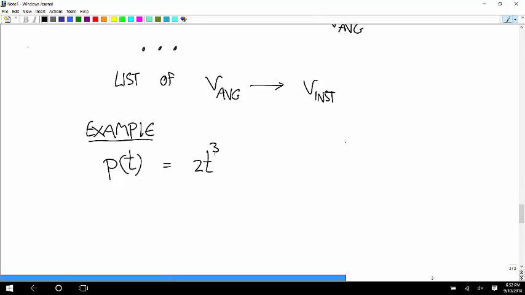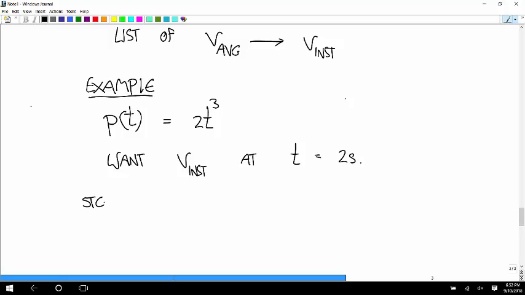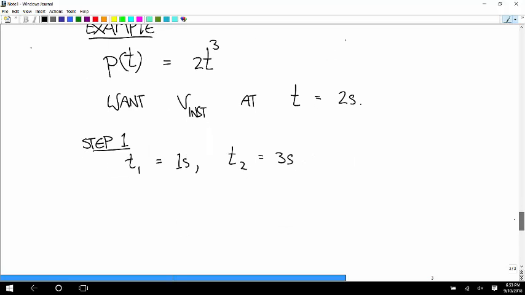And let's say that we want to calculate the instantaneous velocity at time equals 2 seconds. So step 1, I'm going to make my T1 1 second and my T2 3 seconds. So we have one on each side, one before and one after.